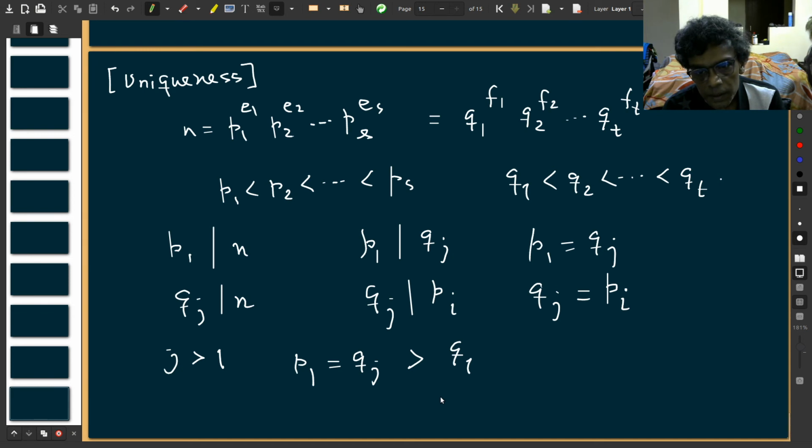Okay, I will use it, maybe I do this, greater than qj divides n, so some pi, qj equal to pi, maybe I pass it this way, not this way.